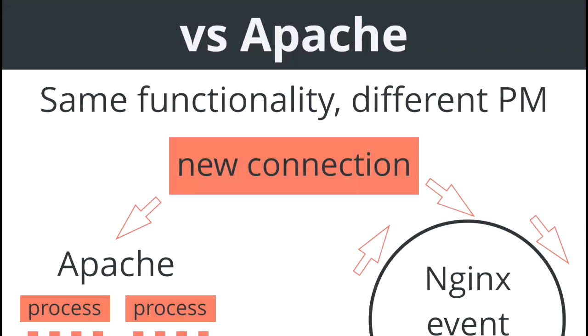It will accept new requests and be able to handle other requests while it's waiting for other requests to finish. For instance, if you have to read a file or have some kind of network operation, Nginx can do something else, process another request, while it's waiting for the other one to finish.